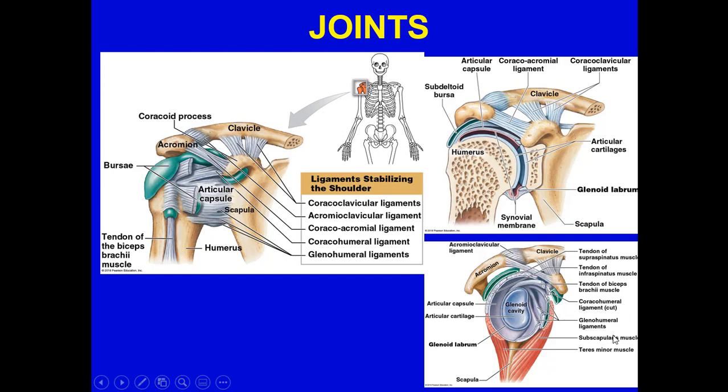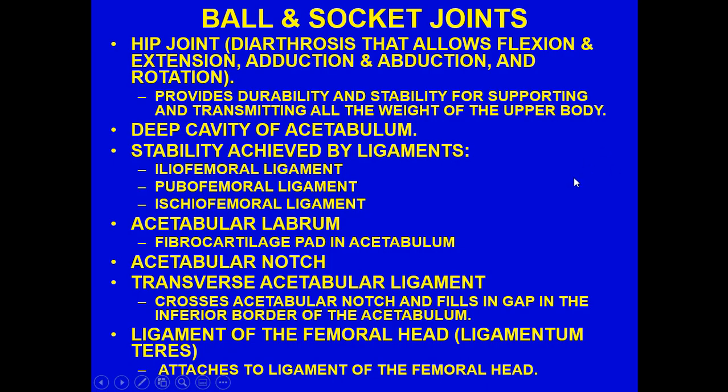Notice that they cut some of this so that you can see it effectively. The glenohumeral ligaments here and here and here. And of course, you've got the teres minor muscle here and the subscapularis muscle right here. All of this is to maintain stability and mobility at the same time.